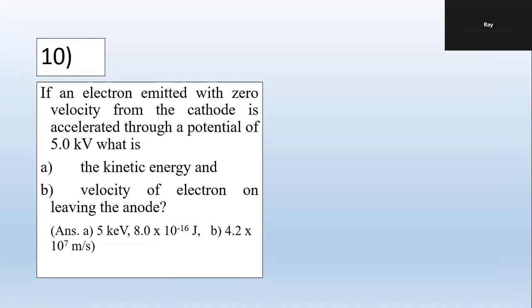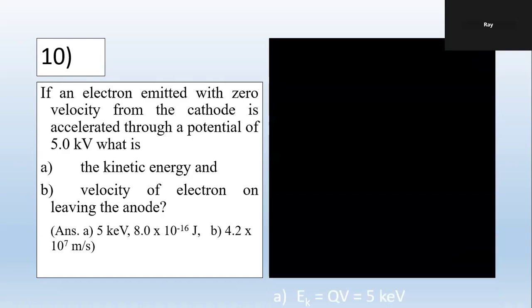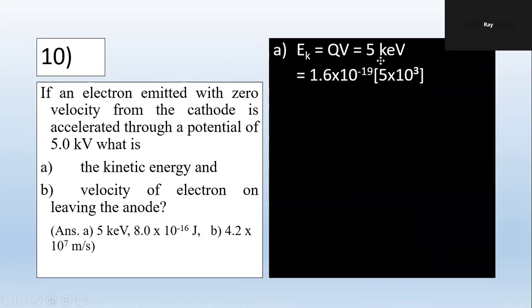See whether you can get the answer. An electron emitted with zero velocity from the cathode is accelerated through a potential difference of 5 kilovolt. What's the kinetic energy? We use QV, so it's 5 kilo electron volt. We want to find joule, then the electron charge is 1.6 times 10 to the power minus 19.